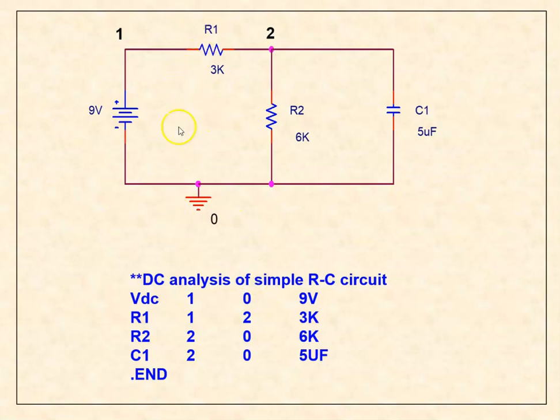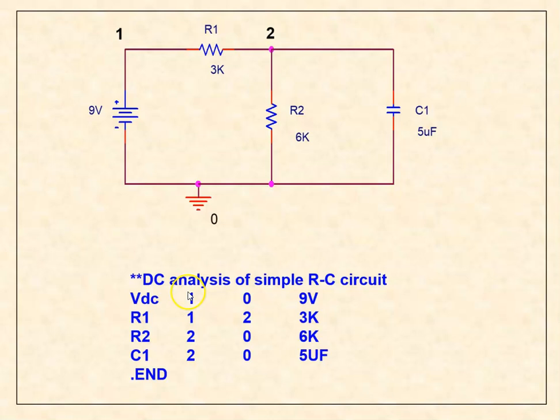Next, there is the resistance R1 between node 1 and node 2, and the value of that resistance is 3 kilo ohm, 3K. Then the second resistance R2 is placed between node 2 and node 0, and its value is 6K.